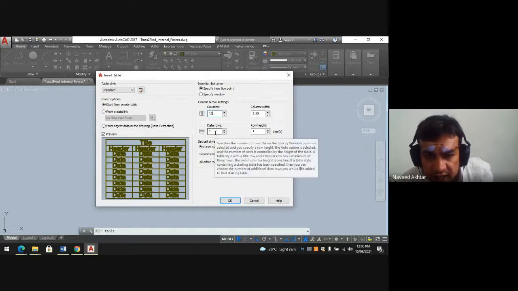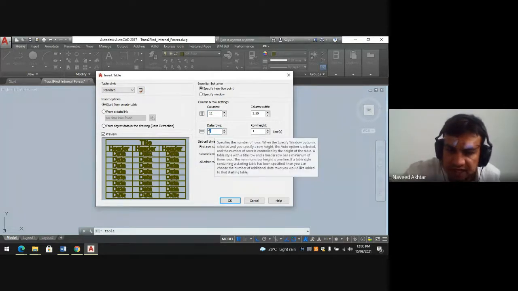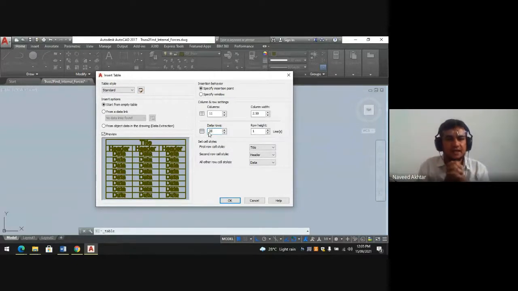So I require around 28 data rows, and the table title. Title of the table you can write. Start from an empty table. So I will start from the empty table.